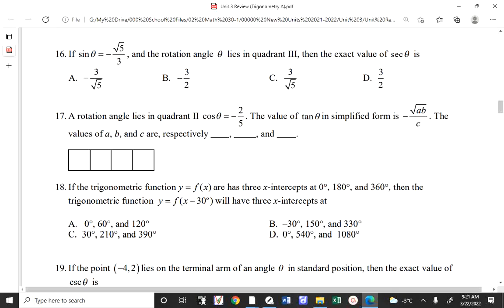The fact that I'm putting AB is telling you there are two digits. If I put root A, I'm not telling you how many digits it is. So when you see AB, it must be two digits. But when you see just A, it doesn't mean it must be one digit.